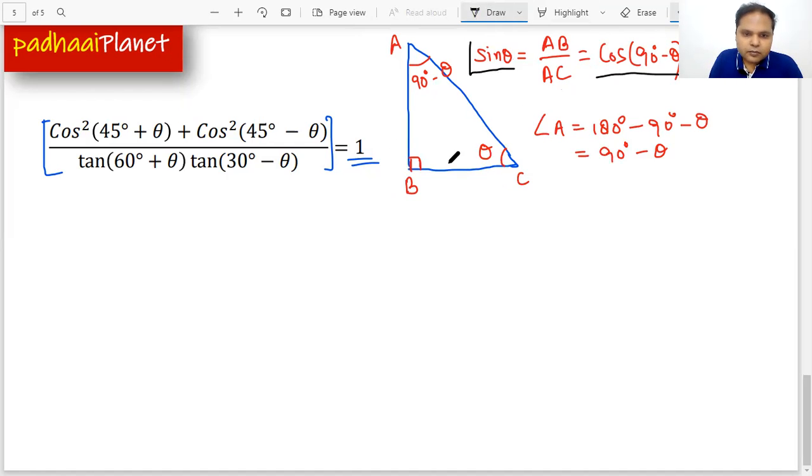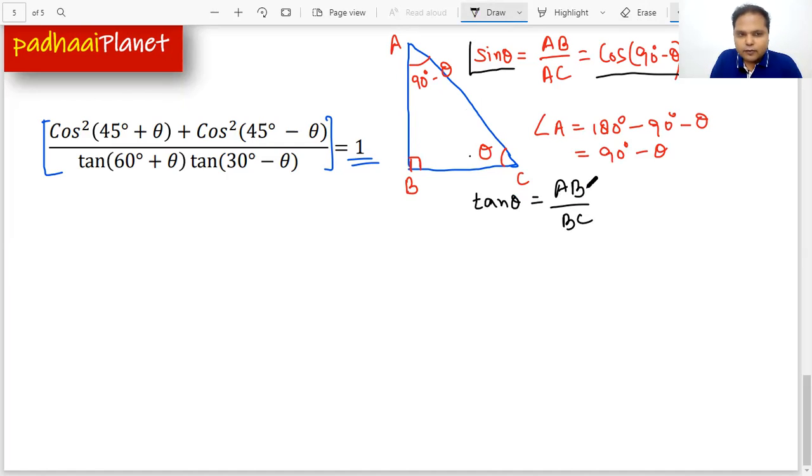Similarly, tan theta is equal to what? Tan theta is equal to opposite over adjacent. So when we are talking about theta, the opposite is AB and the adjacent is BC.